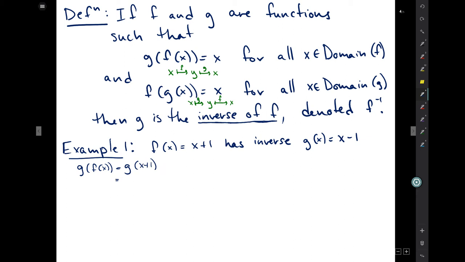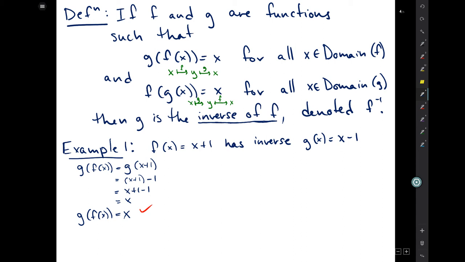My rule of g is to take my input, so take x plus 1, and subtract 1 from that. So I have x plus 1 minus 1, which is just x, and so I do get that g of f of x is just equal to x. So that's one half of the definition.